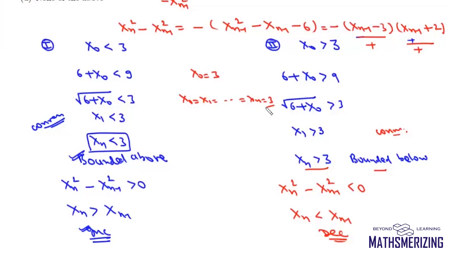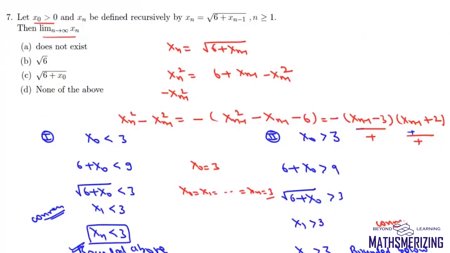Now we need to find this limit, n tends to infinity, xn. For that, we take the limit n tends to infinity on both sides. Now suppose this limit is L. So we can write L equals the square root of 6 plus L, that is, L square minus L minus 6 equals 0.